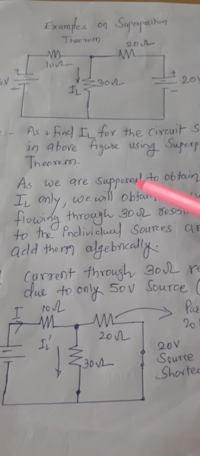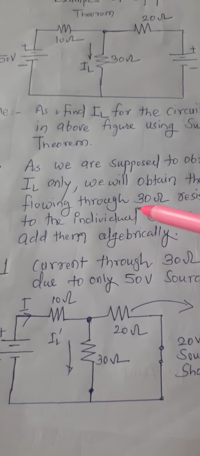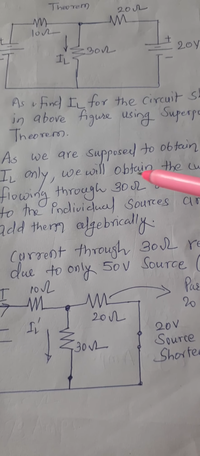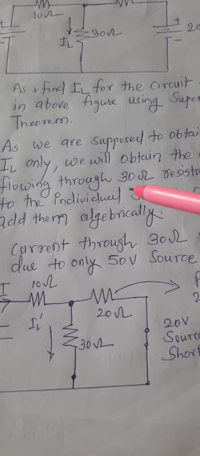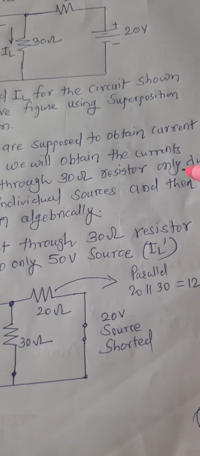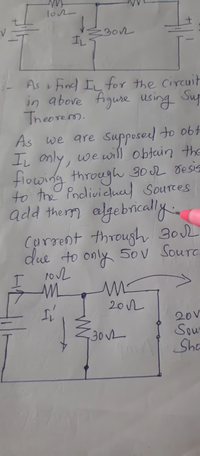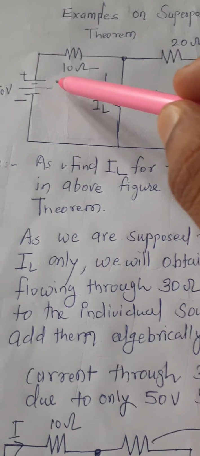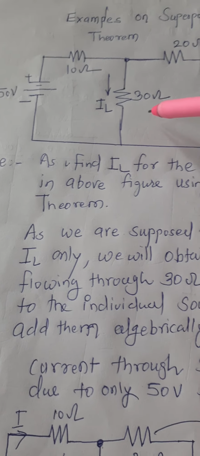As we are supposed to obtain current IL only, we will obtain the currents flowing through the 30 ohm resistor only due to the individual sources and then add them algebraically. So we have to find the current due to 50 volts first in this particular 30 ohm resistance.